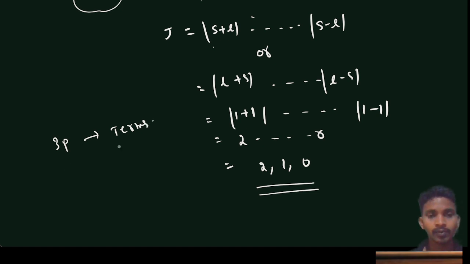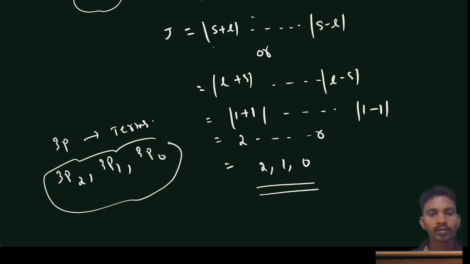The term symbols will be 3P2, 3P1 and 3P0. These are the term symbols. Okay, these are the terms.